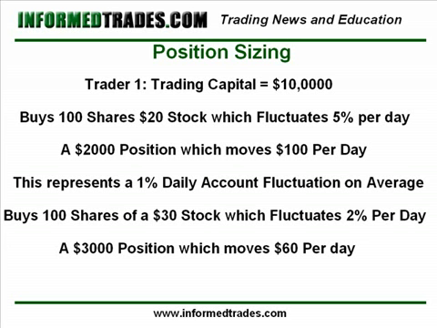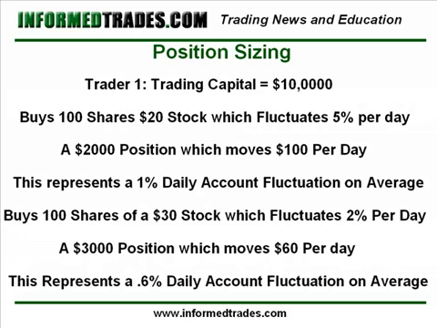He's moving $100 on average of his account based on the first stock, and only $60 on average based on the second stock. So you can see here that this only represents a 0.6% daily account fluctuation on average. Between these two stocks, you've got a 1.6% daily account fluctuation on average, but the first stock accounts for a much larger percentage of that 1.6% daily fluctuation.